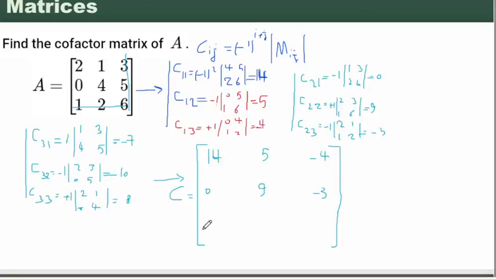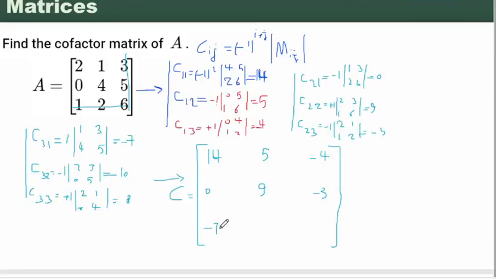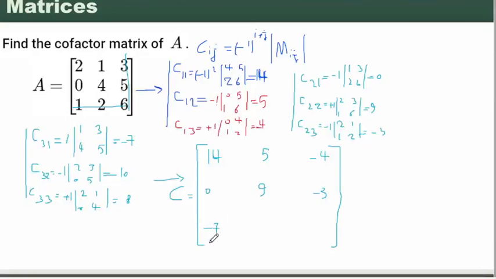Now I will go for the third row. C31, third row, first column; C32, third row, second column; and C33, third row, third column. It's the cofactor matrix of matrix A.